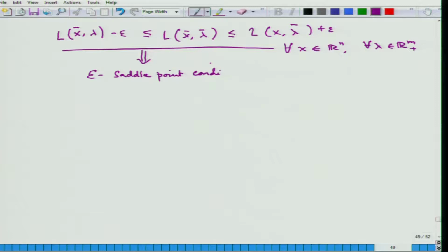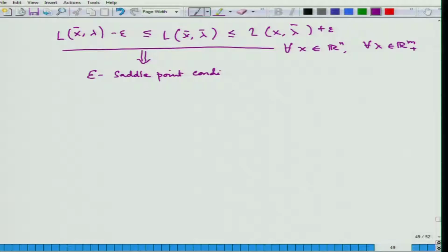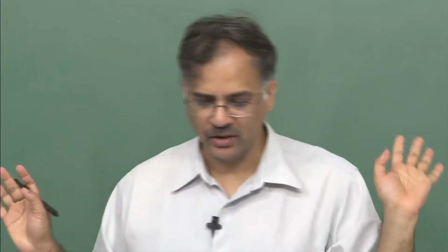Let me tell you, this is a necessary condition, this does not give you sufficiency. Anything which satisfies the epsilon saddle point condition is not necessarily an epsilon optimal point. We will come to that slightly later. It is slightly interesting, and it is just a necessary condition that if I have an epsilon solution, this is what I will get.